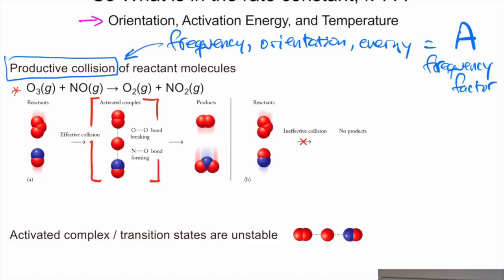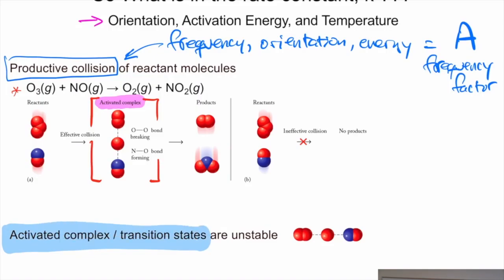Let's highlight this. And this activated complex, take a look at it. You've got the bonds are breaking and bonds are forming, and it's all present in the same thing. You might imagine that it's not a very stable complex. And in fact, it's very, very hard to trap these. We imagine that they exist, but it's very, very rare that you can design an experiment where you can actually isolate what this activated complex looks like. There's another name for it, and it's written right down here, a transition state.